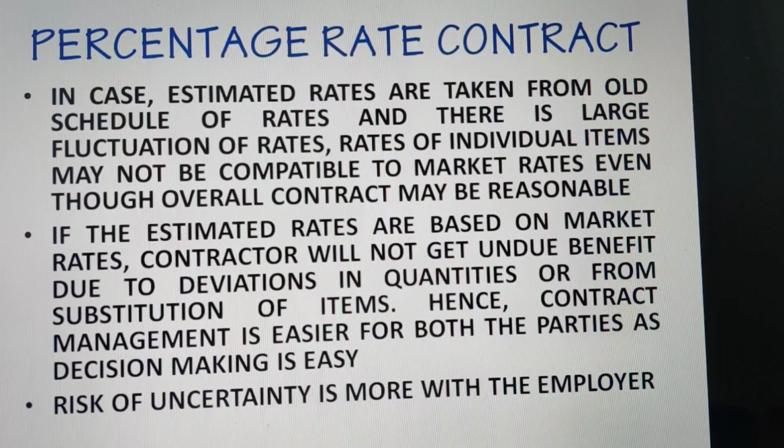If the estimated rates are based on market rates, then also the contractor will not get undue benefit due to deviations in quantities or from substitution of items. Also, the rates will be reasonable based on market rates. Hence, contract management is easier for both the parties as decision making is easier.